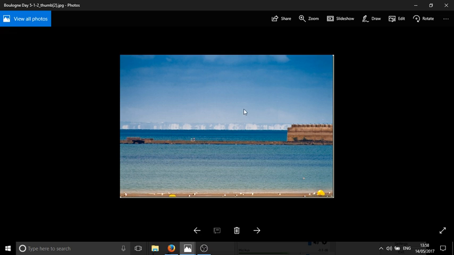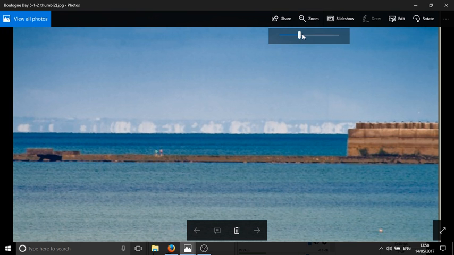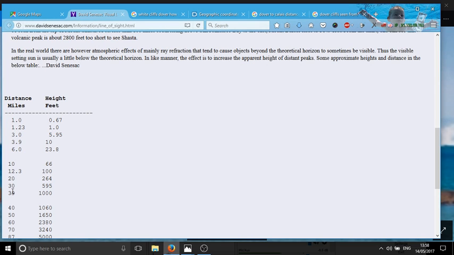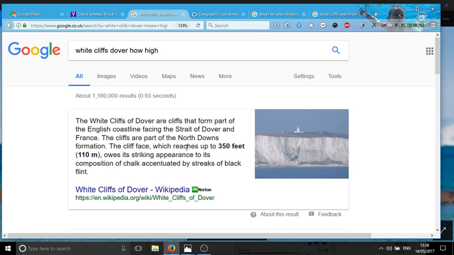This image is taken from Boulogne-sur-Mer, which is 30 miles from the White Cliffs of Dover. And we can see we are at sea level, and we can quite clearly see the cliffs at 350 feet at the tallest point, coming down to 150 feet around these points, and we're now 30 miles away, 595 feet. The White Cliffs of Dover reach up to 350 feet.